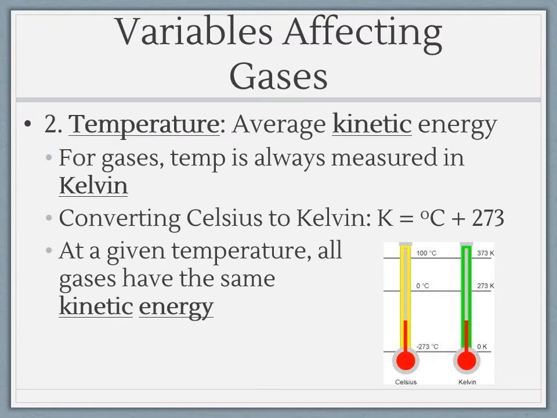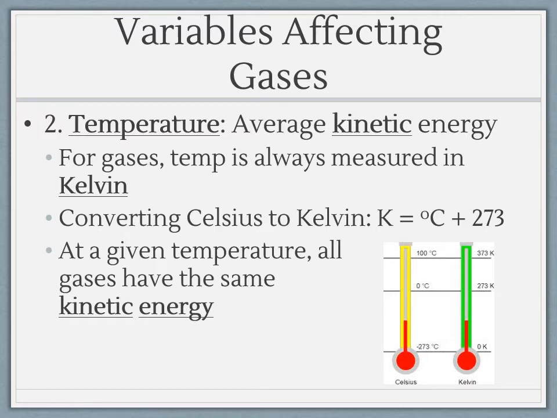The next variable is temperature. We kind of mentioned that already in the kinetic molecular theory because the average kinetic energy is directly proportional to the temperature. So for gases, temperature is always, always, always going to be measured in Kelvin. I cannot stress this enough. When we are dealing with gases, you need to always convert the temperature to Kelvin.